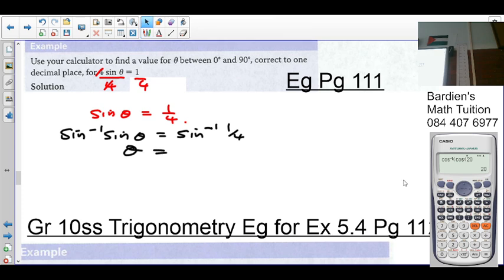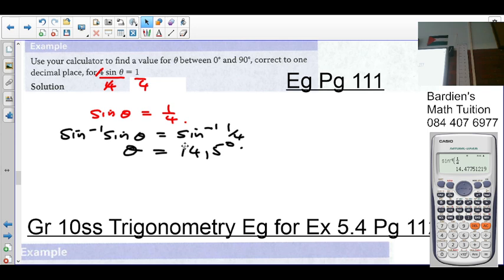So you put on your calculator arc sine of a quarter, which gives us 14.5. Most of the time it's one decimal; if they don't specify, you can do 2 or 1. But if they specify 1, you give 1, if they specify 2, you give 2.